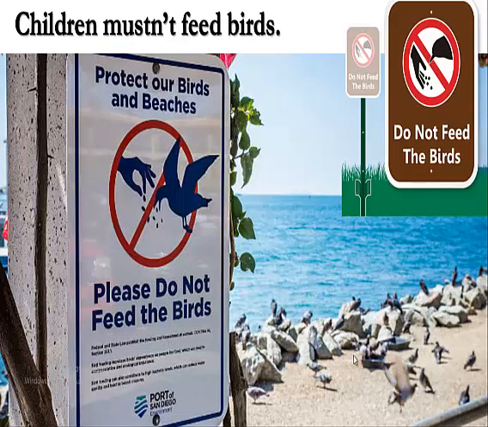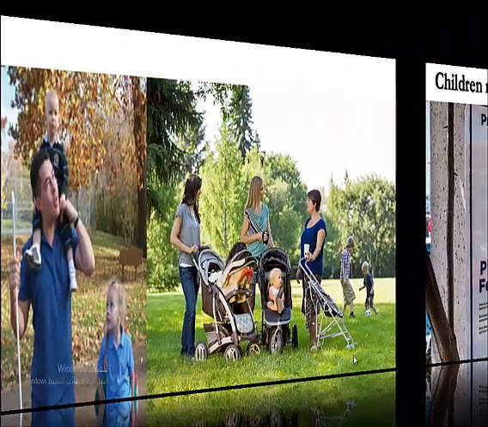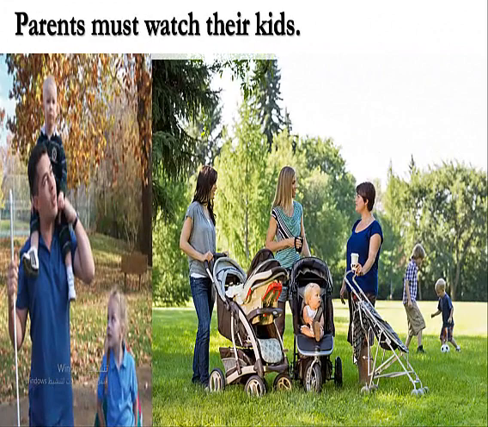So you have to put all the signs in your mind and be careful for what the sign tells you. Parents must watch their kids. All the parents must watch their kids around them.